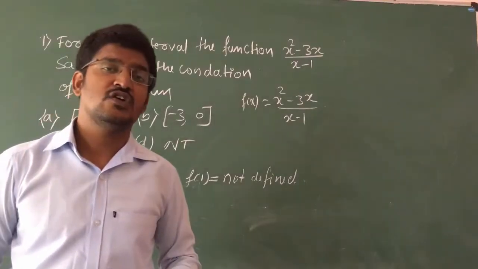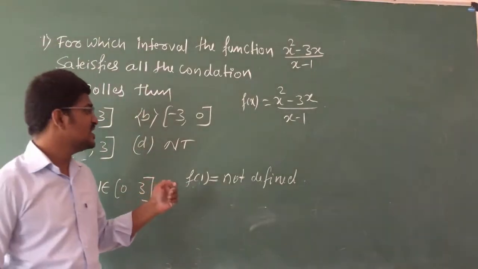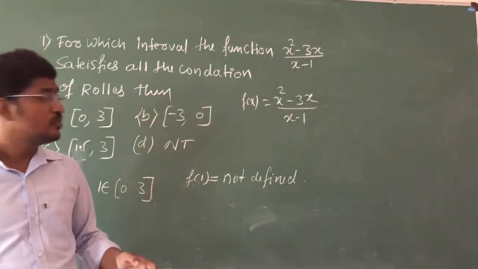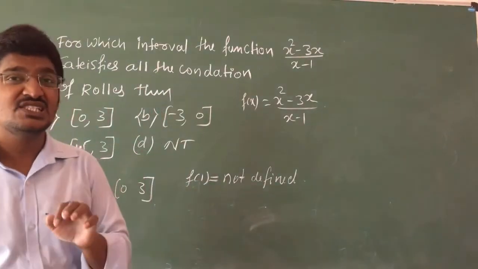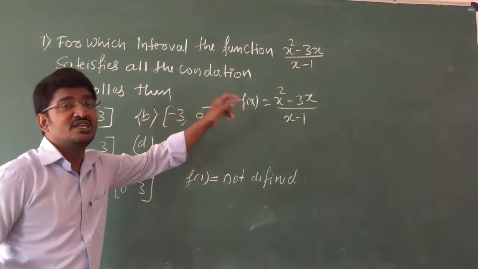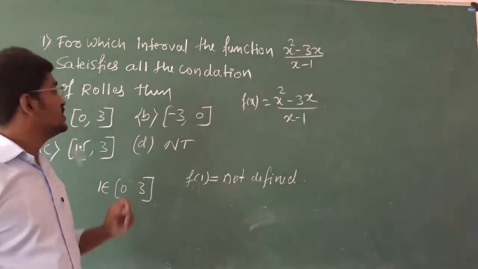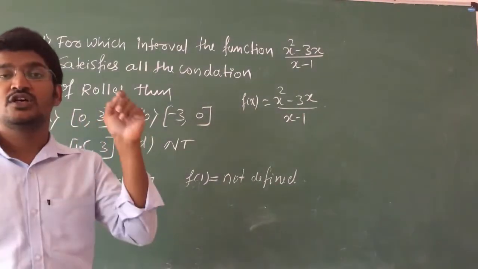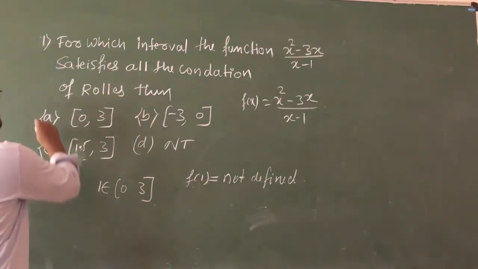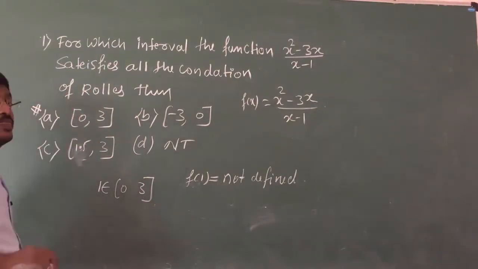Therefore, definitely it is not going to be continuous. LHL and RHL are not going to be equal to f of 1. Hence, this particular function in this interval does not satisfy Rolle's theorem. First one is deleted.